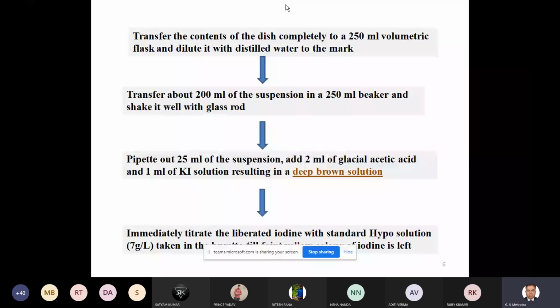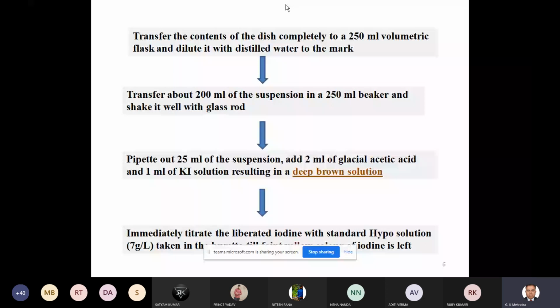So you have to see that the deep brown color has not totally disappeared, but some yellowish tinge remains. At this stage, you will stop adding hypo, and then you will add the indicator, which is important in this titration.